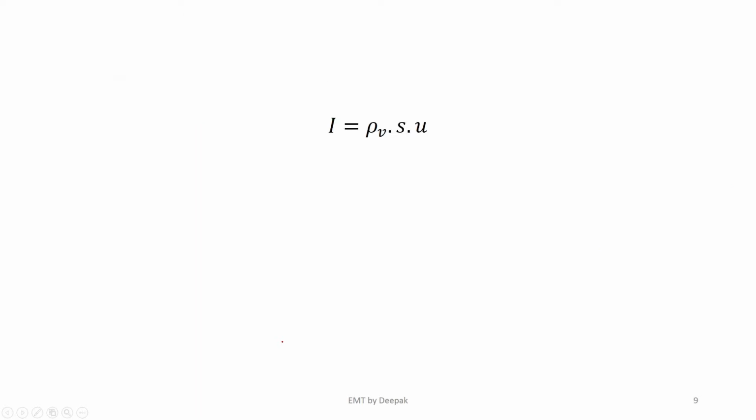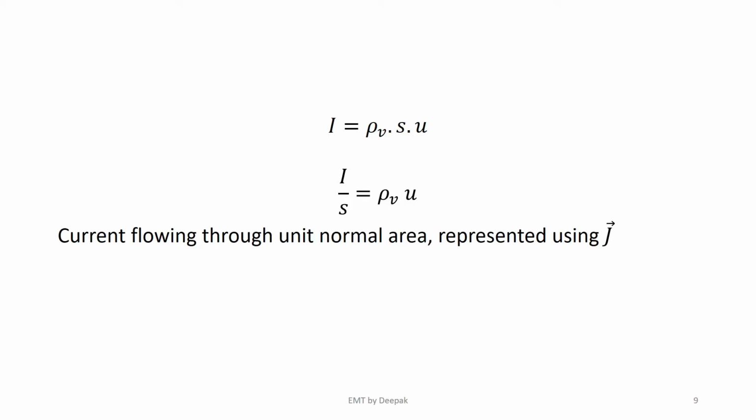Now, this is the expression I got. I know that the current density is the current flowing through unit surface area. So I by S is equal to rho V times u bar. So the current density, the symbol is J bar, is equal to I by S, which is rho V times u bar.